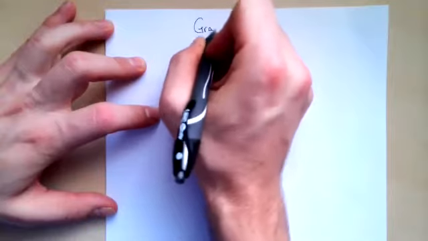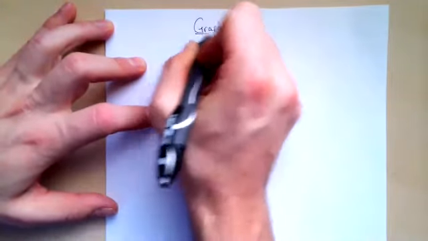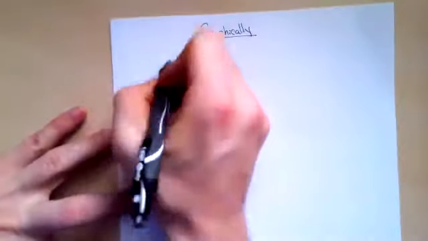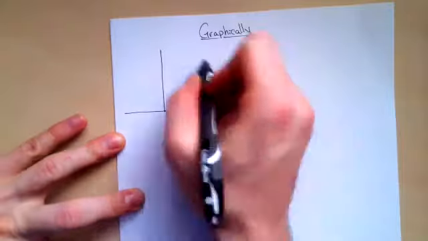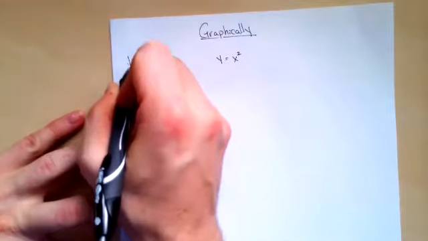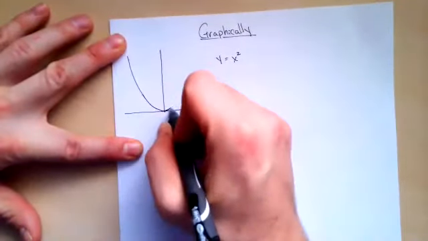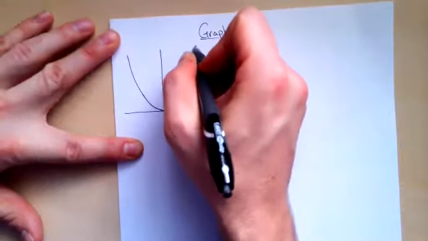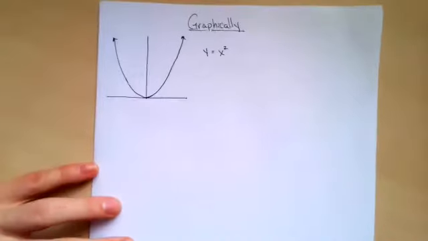Graphically, what's going on? Well, if we take a look at something that we solve for y, let's say y equals x squared. When we draw the graph, we already know it's a function because I can solve for y.